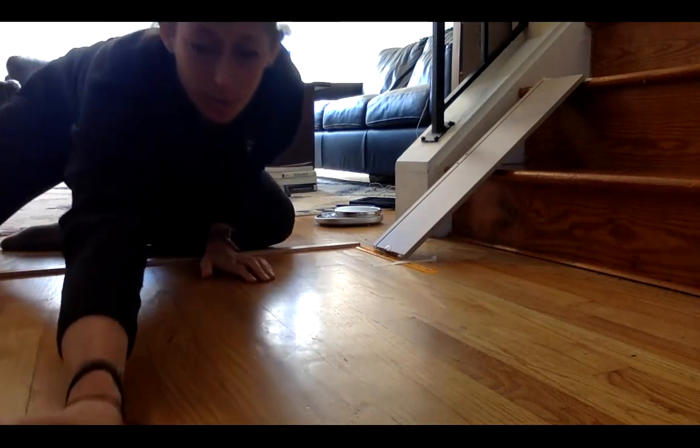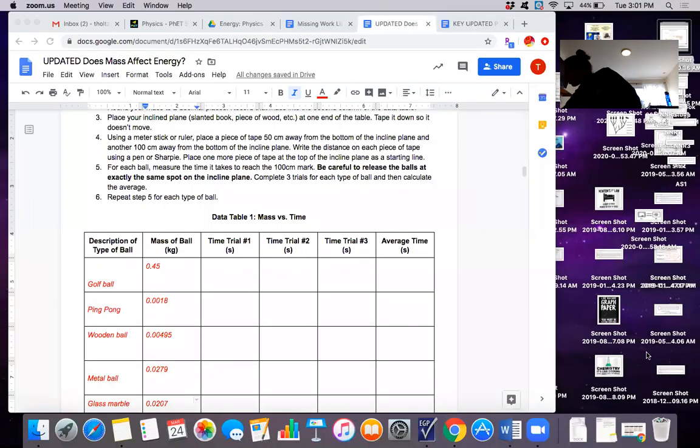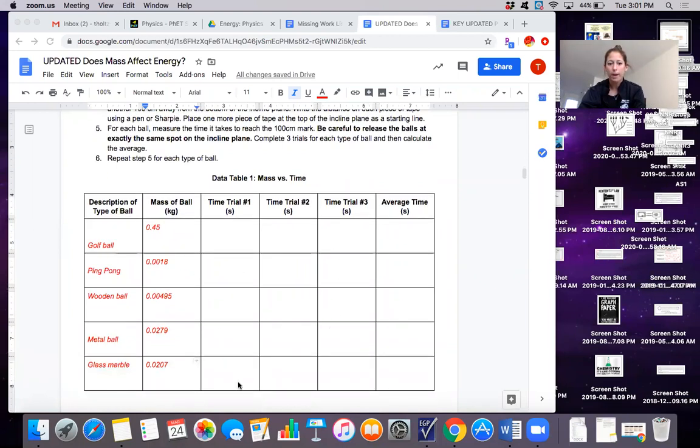Okay, so I'm going to go back to screen share so that we can continue going through the lab. So we have now collected all of these time trials, right? 3 trials for each type of ball.